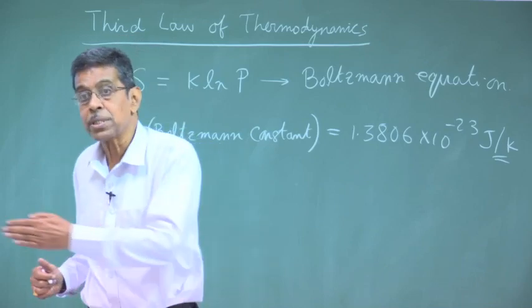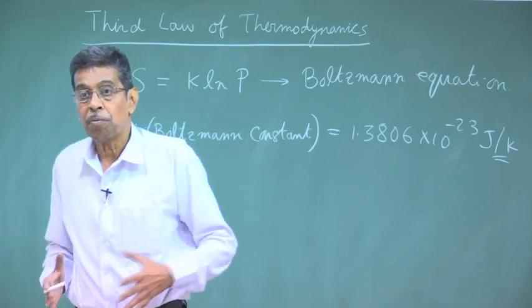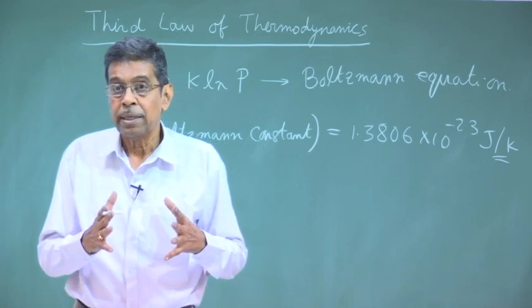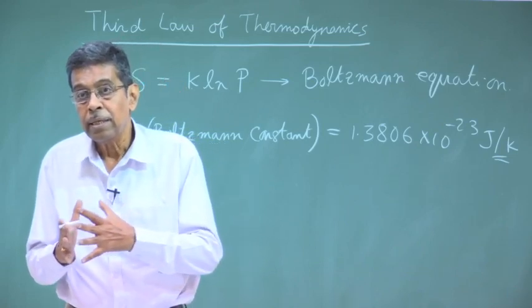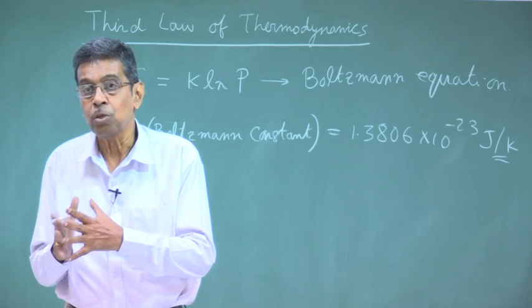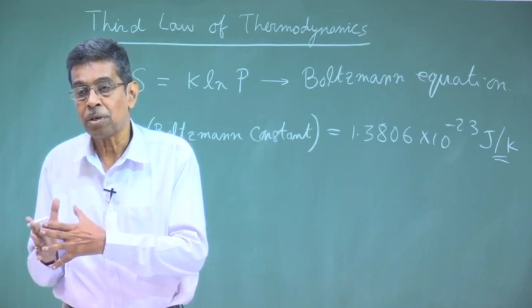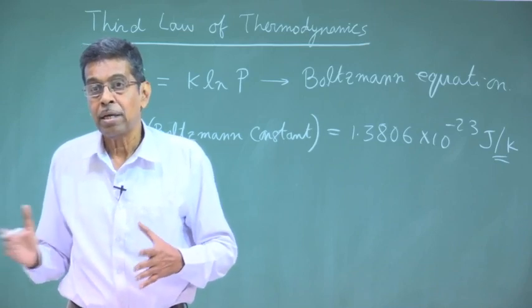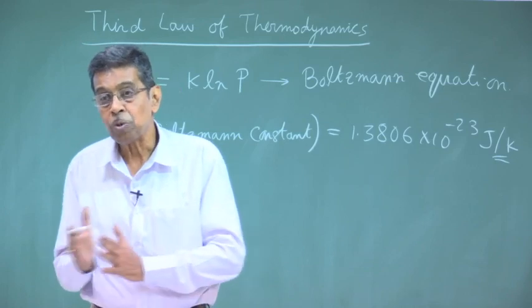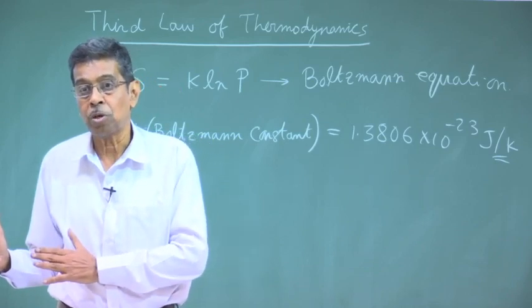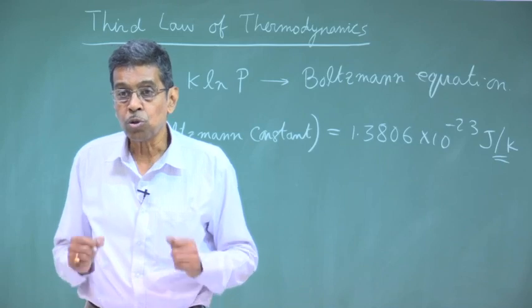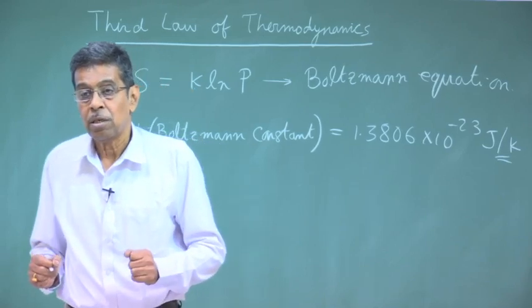But if you proceed towards absolute zero for a solid substance, the uncertainty is reduced. The molecular randomness or disorderedness is reduced and this substance approaches an absolute zero entropy. And this is more so for a crystalline solid.